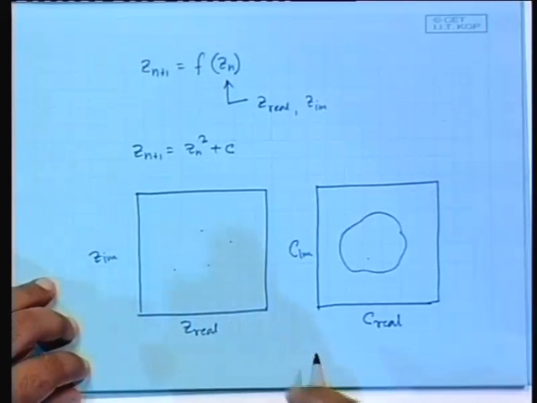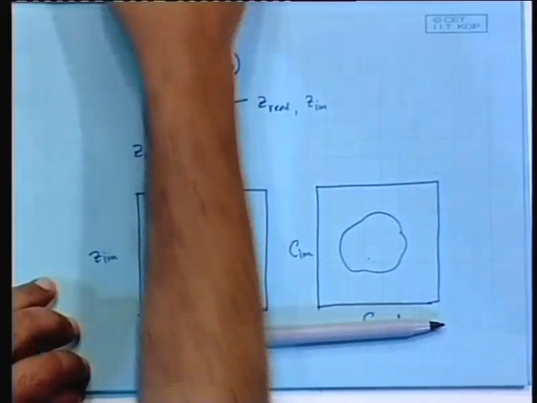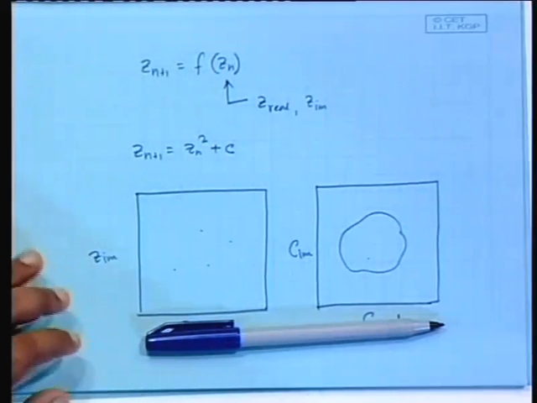If we do that, then we have what is now shown on the computer screen. Just take a look at the computer screen. Here is an object on the computer screen. The blue object is that set of C which keeps the orbit bounded.